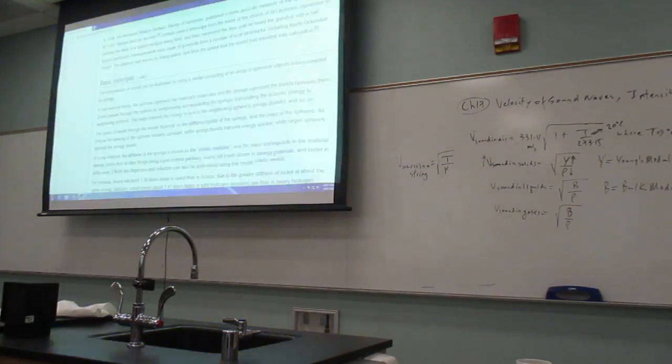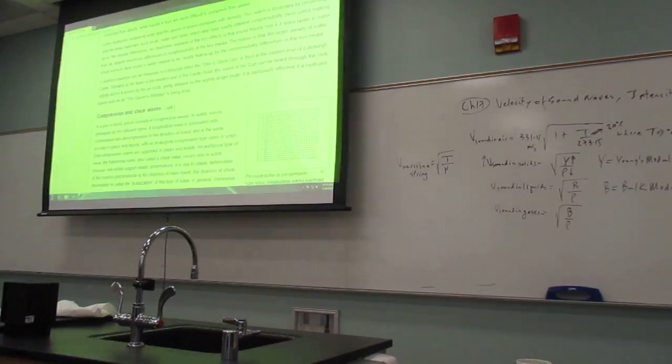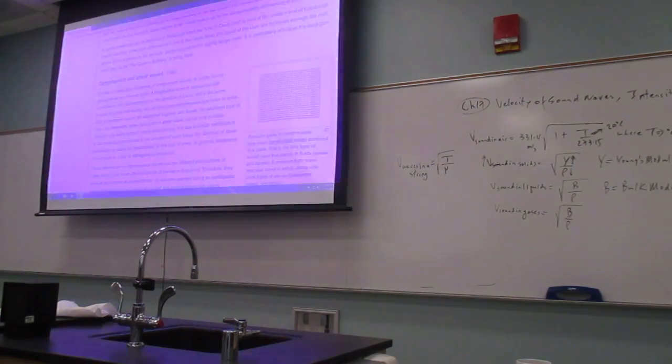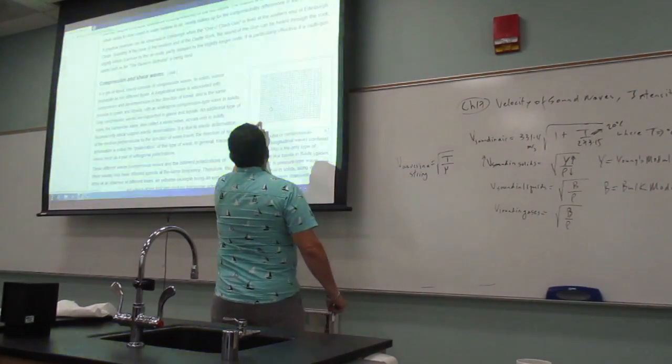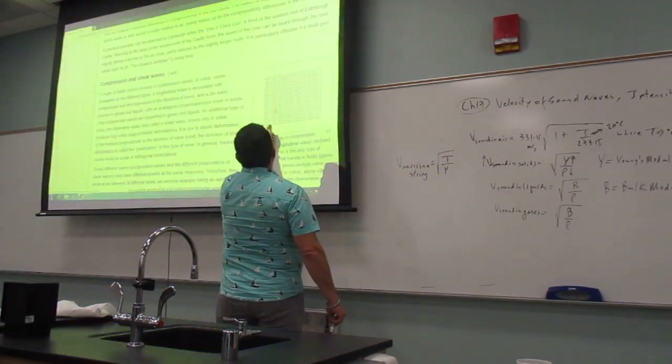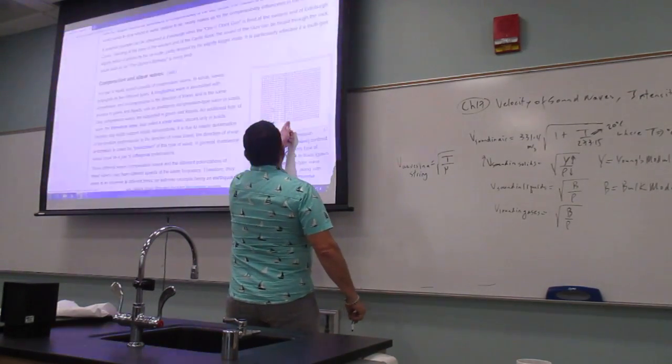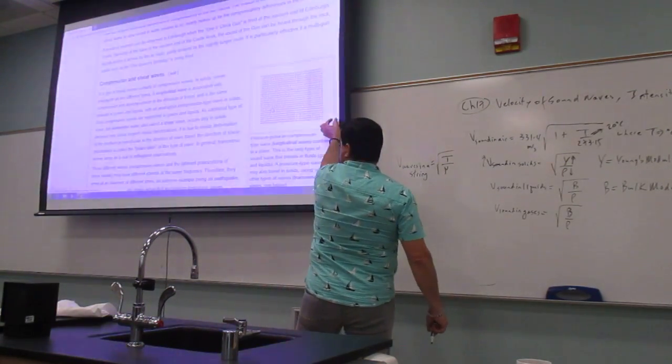Then it goes a little bit into the history, compression and shear waves, you see. The pressure pulse or compression. This is a longitudinal wave. See, what's happening here is the particles are moving sideways, and then the propagation of the pressure is moving this way.